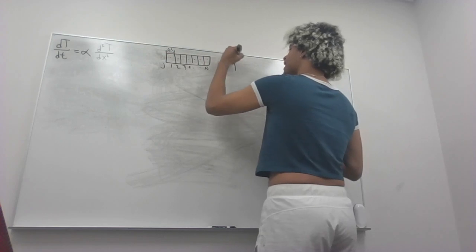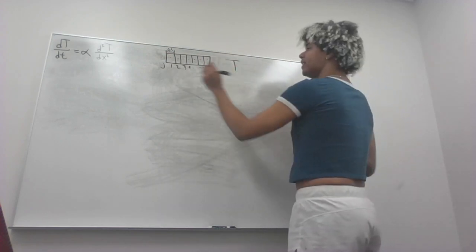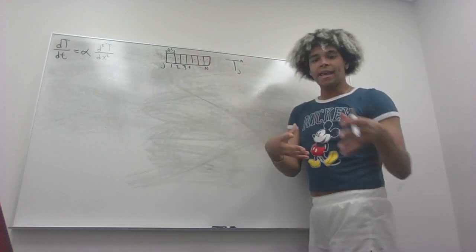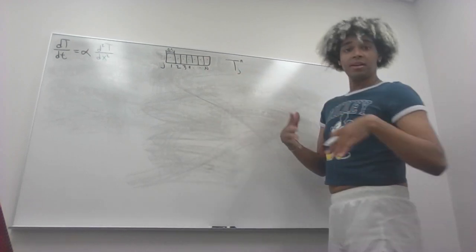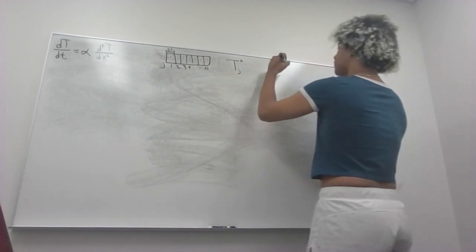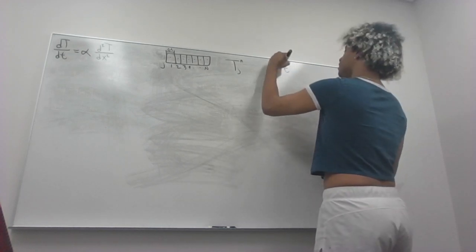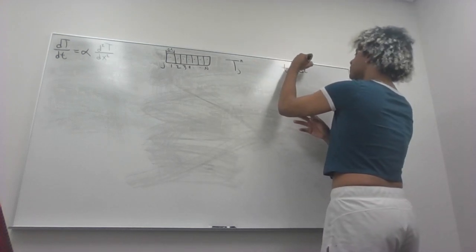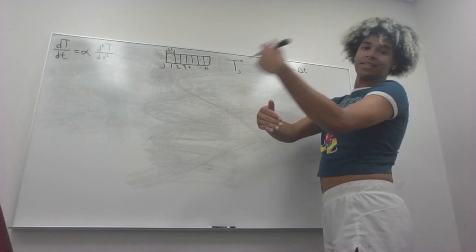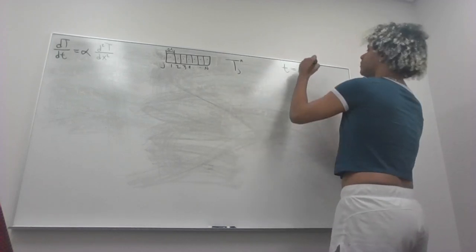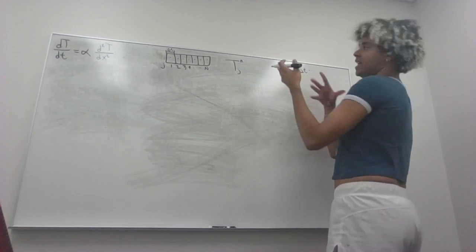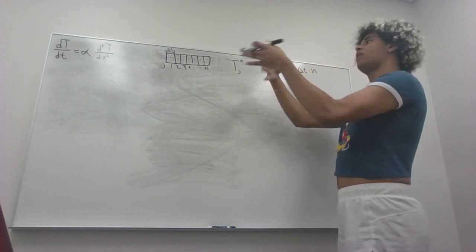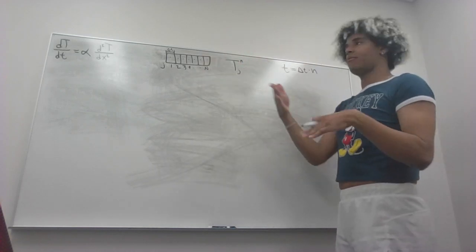So when we look at our temperature, we have what position it is and at what time. Essentially, time is going to equal the change in time, or step size in time, times a counter in time, in this case n, because n is the counter of where we're at when it relates to time.